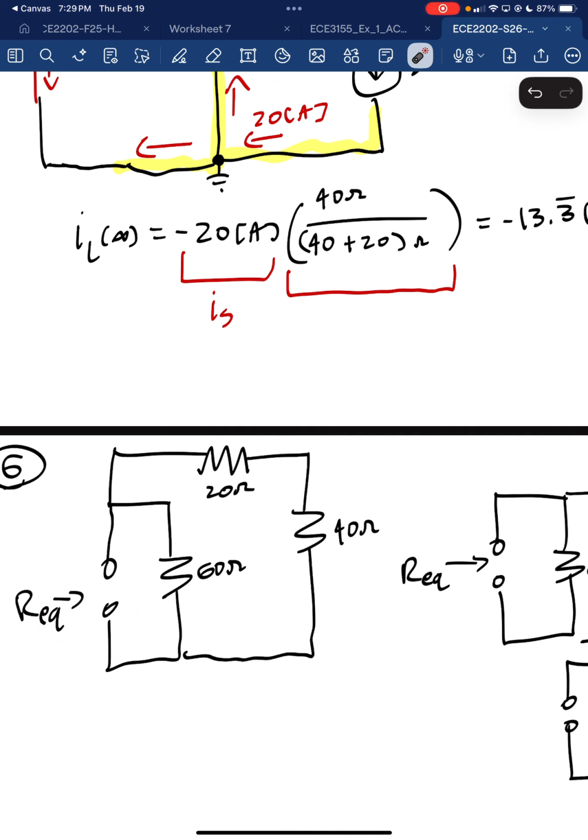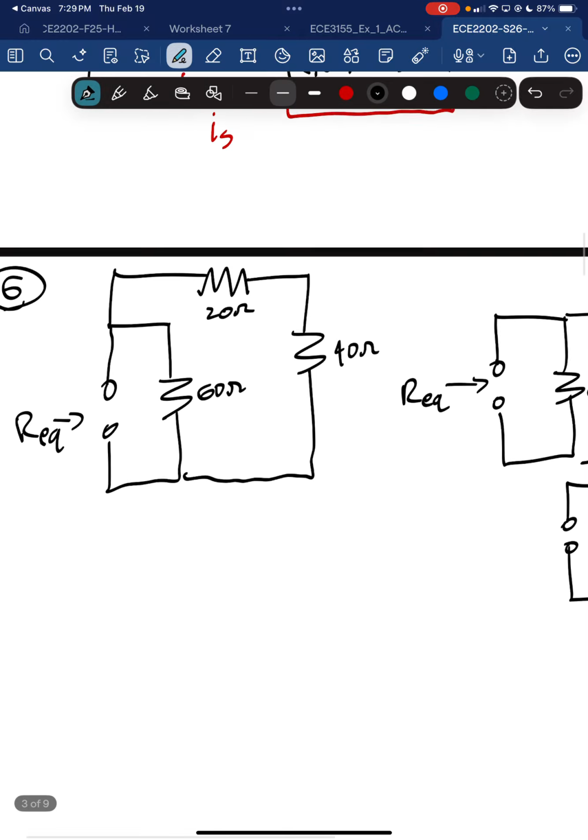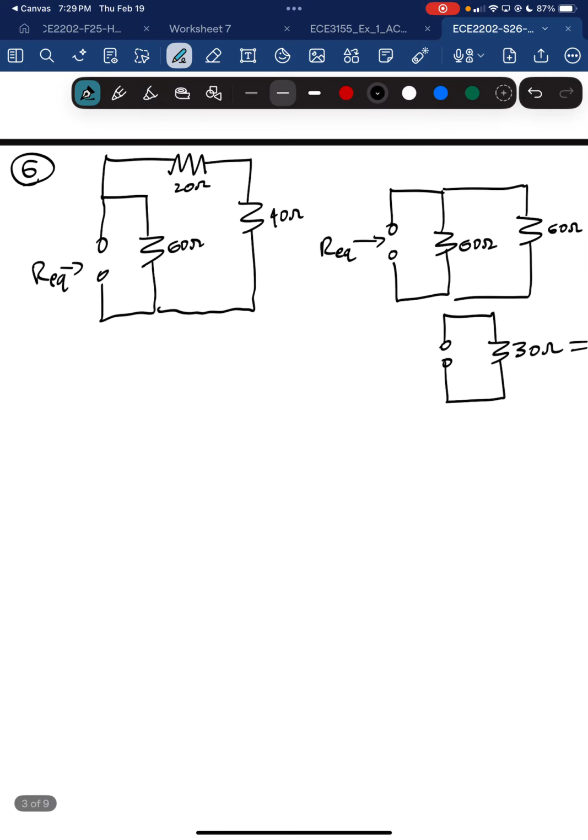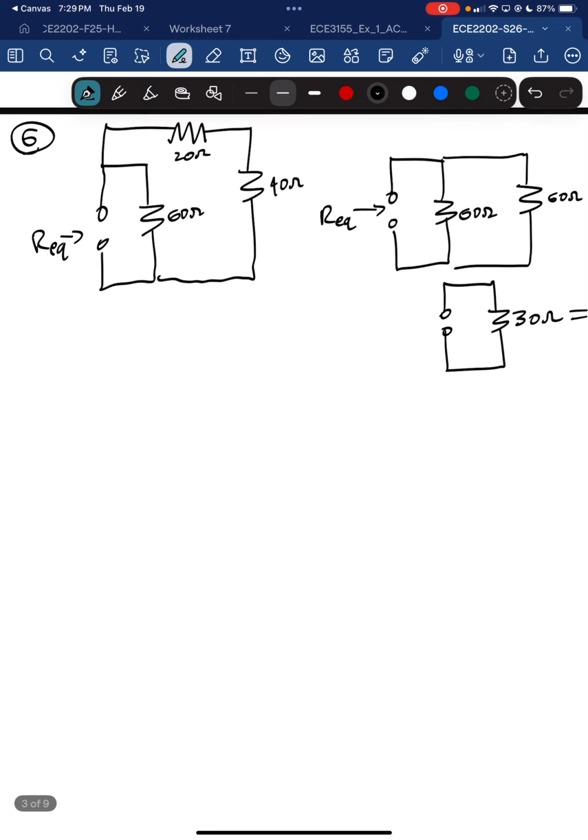And you want to look for the equivalent resistance as seen by those two terminals. And when you're looking at resistances as seen by two terminals, there's some implications that come with that. Let's just look at this random circuit, for example.